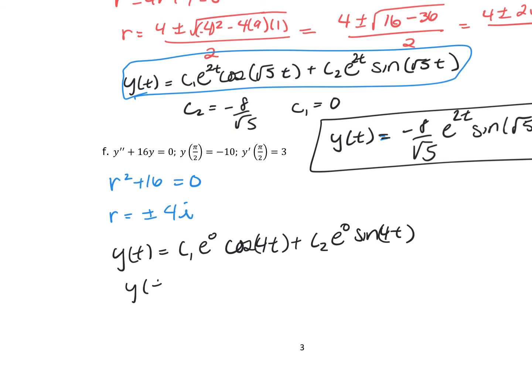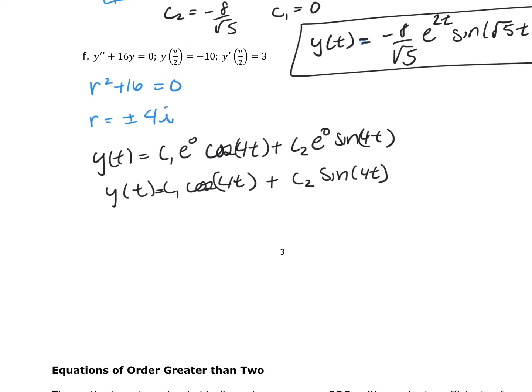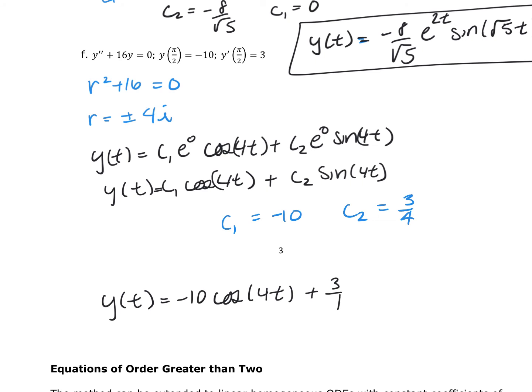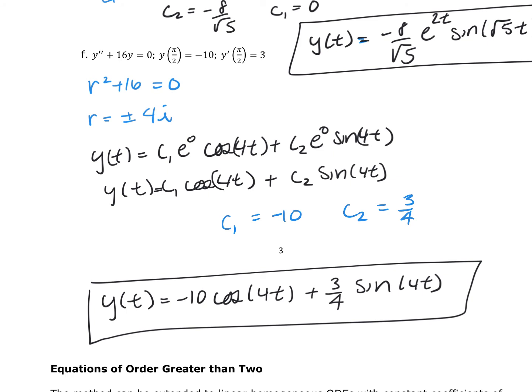Well, e to the 0 is just 1, so I get c sub 1 cosine of 4t plus c sub 2 sine of 4t. Using my initial values like I did before, c sub 1 is going to be equal to negative 10 and c sub 2 is going to equal 3/4. So my particular solution is y of t equals negative 10 cosine of 4t plus 3/4 sine of 4t.